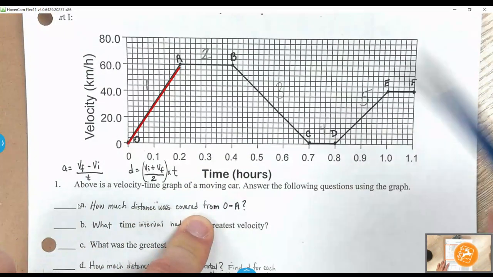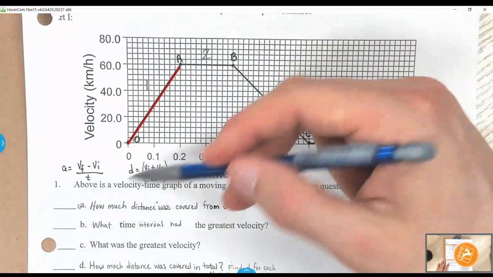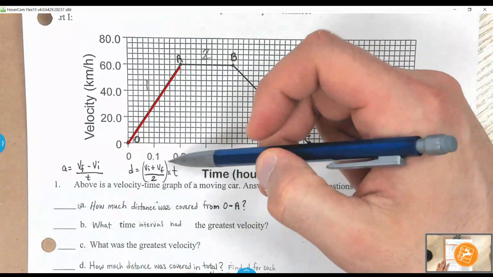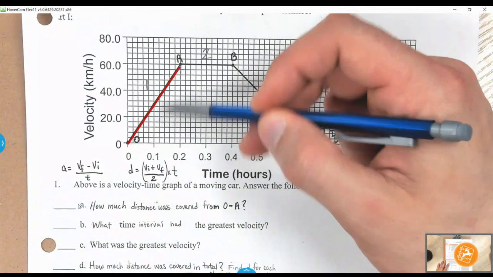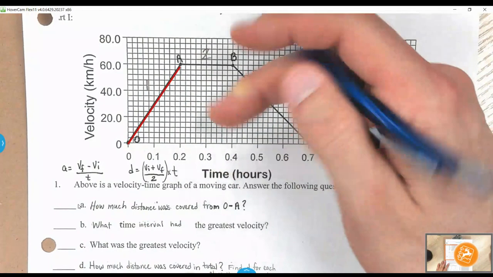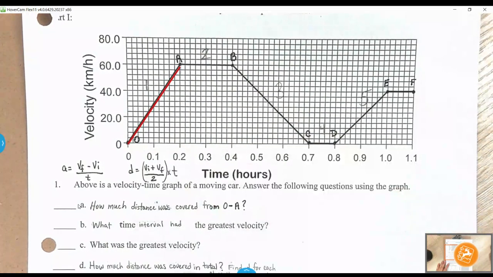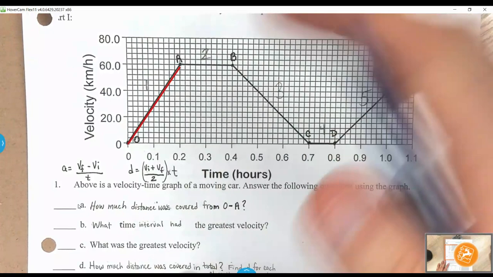So to find distance, you can use the equation of initial velocity plus final velocity divided by 2, and then multiply it by the time. Or you can do area under the curve.